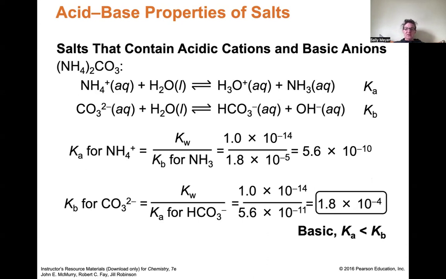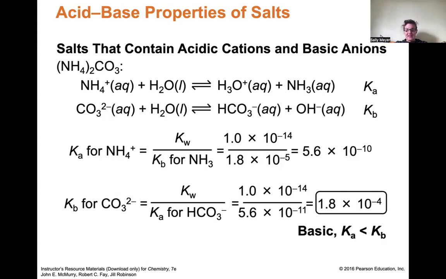So this is just showing you how you get the values in order to make the decision. If we dissolve ammonium carbonate, NH4 2 CO3, you have to look at the relative acidity of the NH4 plus compared to the relative basicity of the carbonate, CO3 2 minus. We get the Ka for NH4 plus by knowing the Kb from the table for the conjugate base, and the Ka for NH4 plus is 5.6 times 10 to the minus 10.